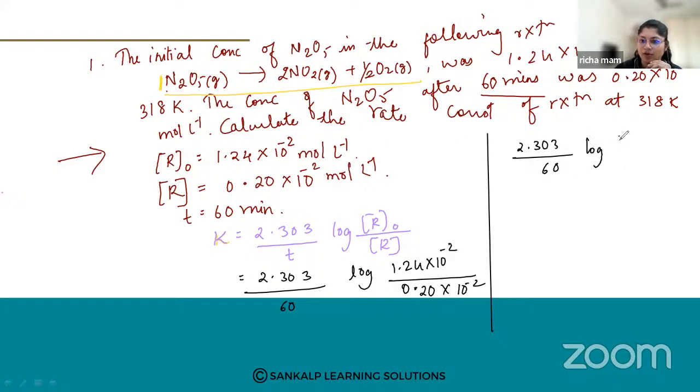It will be log of 6.2, because the powers of 10 cancel. 1.24 divided by 0.20 comes to 6.2. So what is log of 6.2? Log of 6.2 is 0.7923.